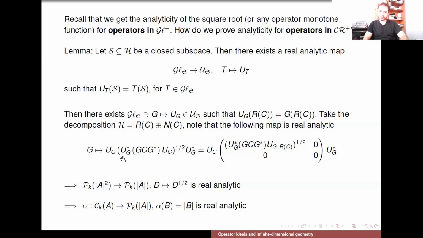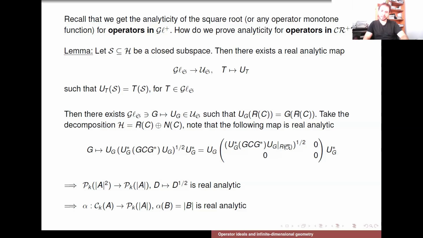So we write this map from the restricted invertible group to our congruence orbits as the following three factors. This U_G and U_G star are both real analytic in terms of G, because of our lemma above, and now in the 1-1 entry of this decomposition with respect to the range and the null space of C, we have a positive invertible operator.